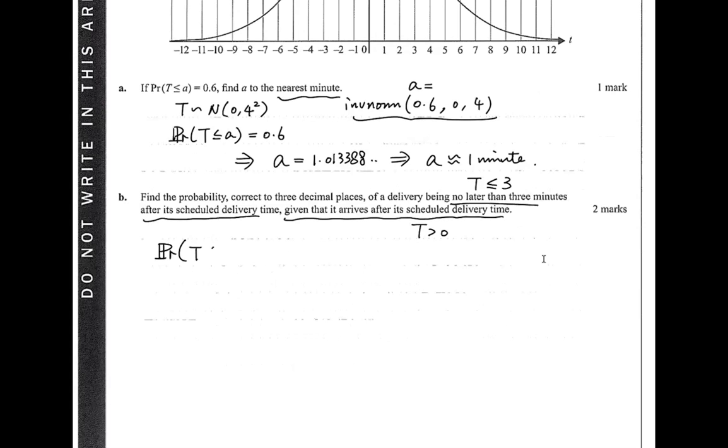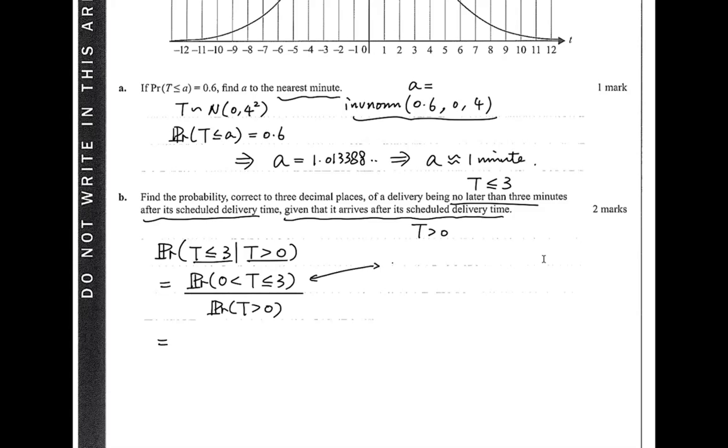Probability t smaller than or equal to 3, given that t greater than 0. This will be the intersection between these two events, 0 smaller than t smaller than or equal to 3, over probability t greater than 0.